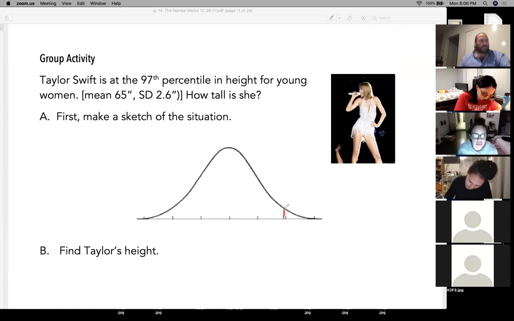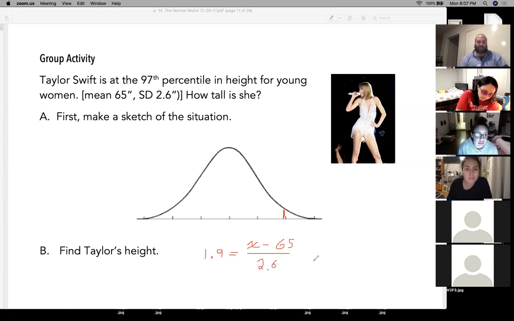Okay. Now, find her height. How tall is she? Well, we have the z-score, which we just calculated is 1.9. What do we get? 1.9 equals her currently unknown height minus the mean for women, which is 65, divided by the standard deviation for women, which is 2.6.